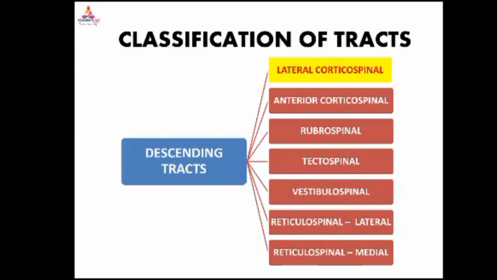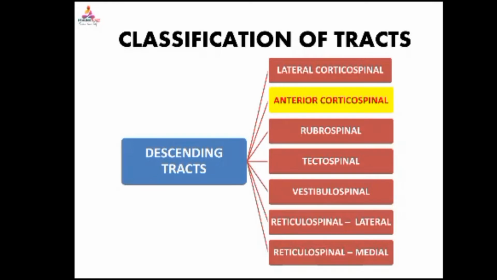It terminates at the anterior horn cell of the spinal cord, that is the lower motor neuron. Its function is to control conscious skilled movements, especially of the hands, that is contraction of individual or small groups of muscles, particularly those which move hands, fingers, feet, and toes.